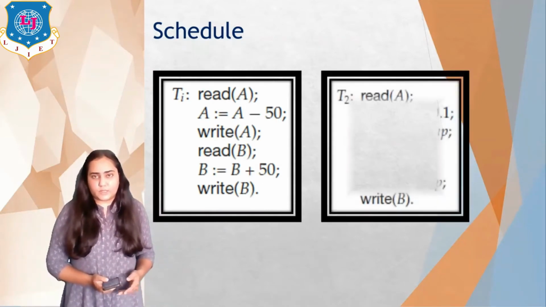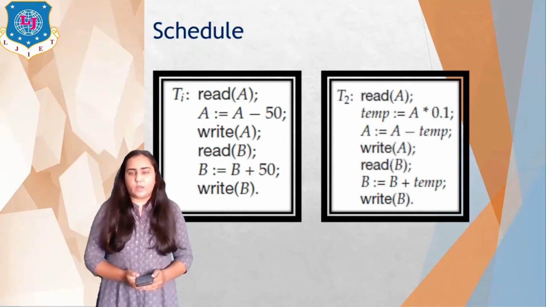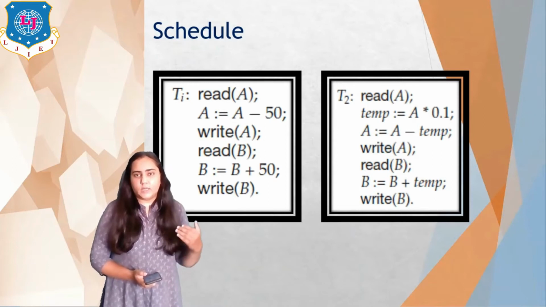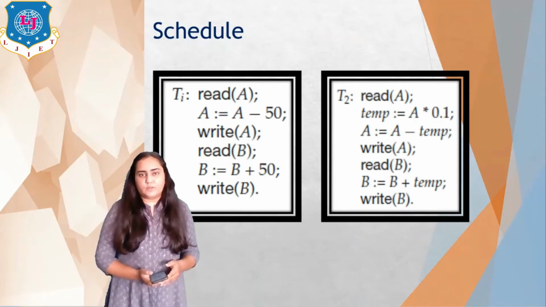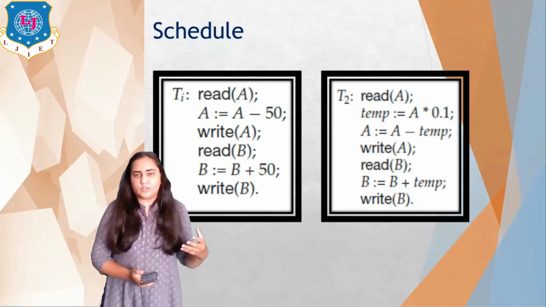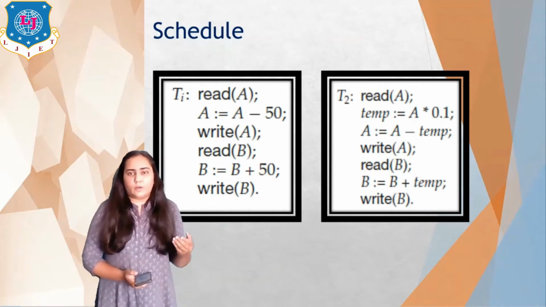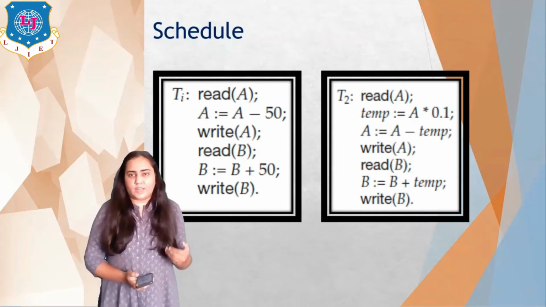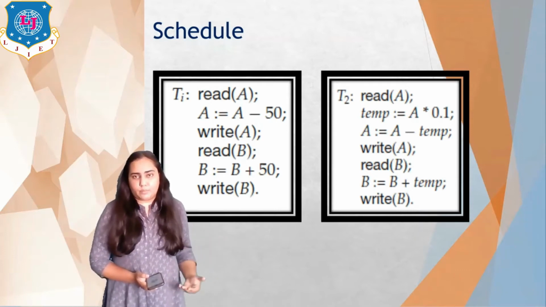Now I have another transaction, which is transaction T2. In transaction T2, there's a 10% deduction from A, which is then added to B. T2 first reads A, and then it takes a temp variable where it stores 0.1 times A, which means it is storing 10% of the amount in A in a variable temp.